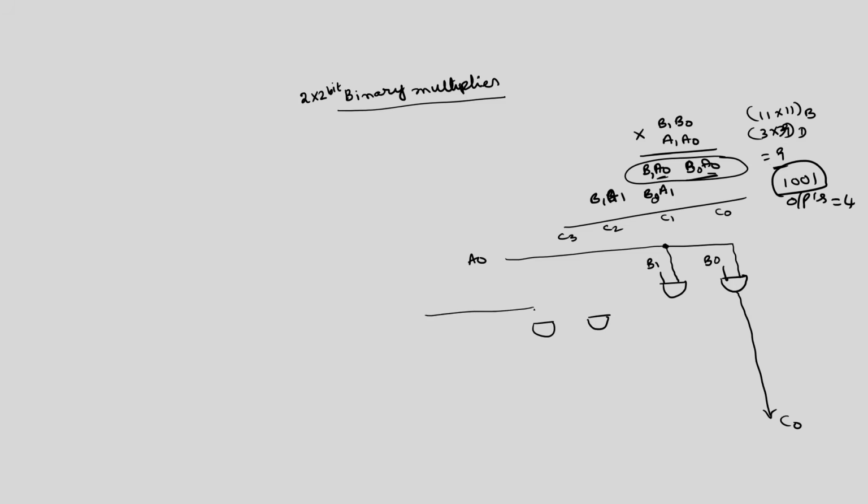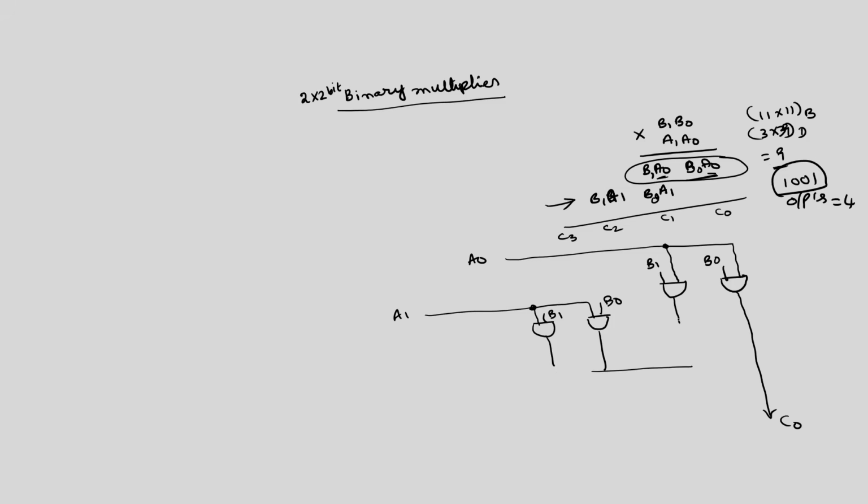So, you take A1 as the other input. This will give B0 and this will give B1; these two terms will be generated. Okay. So, what you have to do now? B1 A0 is here, and you have to add it to B0 A1.